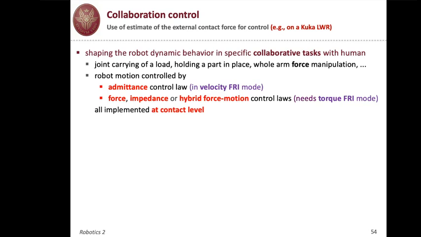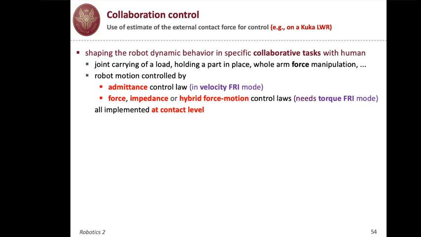Instead, if you are able to enter current or directly command torques, like in the torque control mode of the fast research interface of the KUKA, then you can implement other schemes like impedance control, or even hybrid force motion control, or even just pure force control in torque mode.